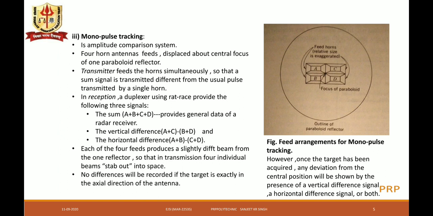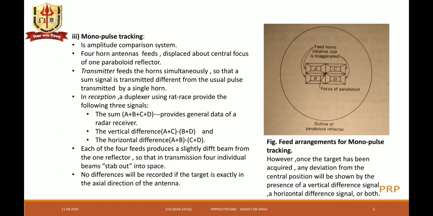It is not located exactly in the center but is displaced about the central focus of one paraboloid reflector. A paraboloid reflector is a 3-dimensional structure like a ball. So that is the reflector used.